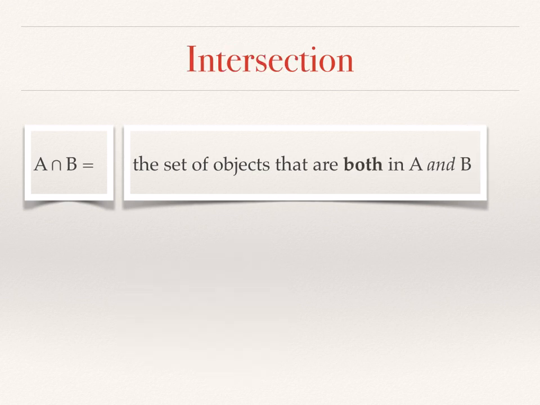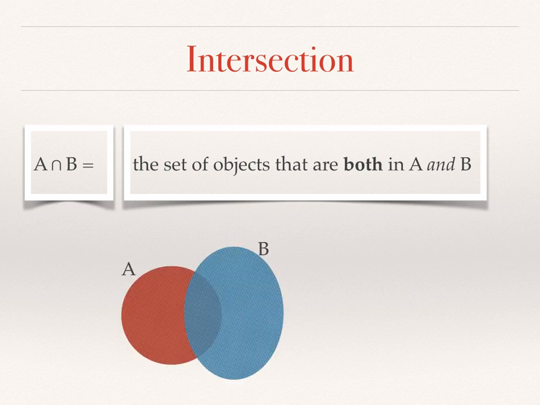The other operation between sets is known as intersection, and intersection is referred to by writing an upside down U. So A intersection B, where A and B are, as before, existing sets, is another set consisting of the objects that are in common to both A and B. Pictorially, again with the set A represented by the red area and the set B represented by the blue area, the intersection is the area that is in common between the two sets.